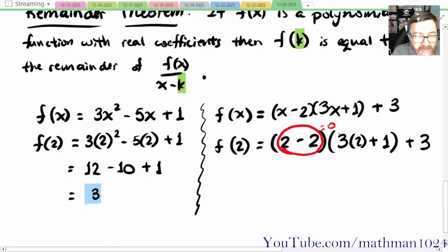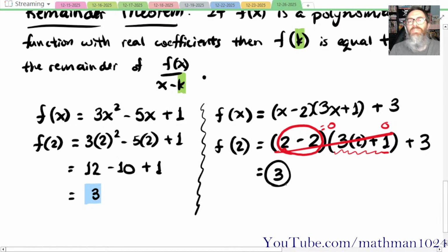So it doesn't even matter what happens with this stuff over here, because 2 minus 2 is 0, so this guy's all going to become 0, and you're just left with 3. So hopefully that example there can show you why it works the way that it does. Because if we get that, then we can evaluate some really nasty looking functions just by doing synthetic division.